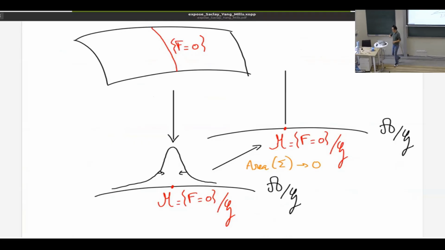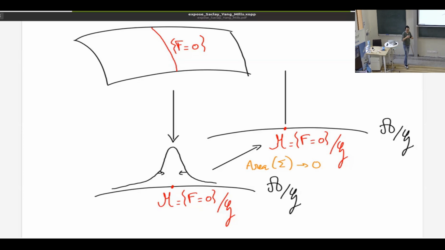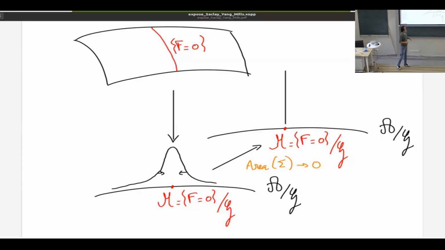And so in the area goes to 0 limit, the functional integral is over a finite dimensional space, like the moduli space of flat connections with its natural symplectic measure, symplectic volume. And it makes the correlators topological.